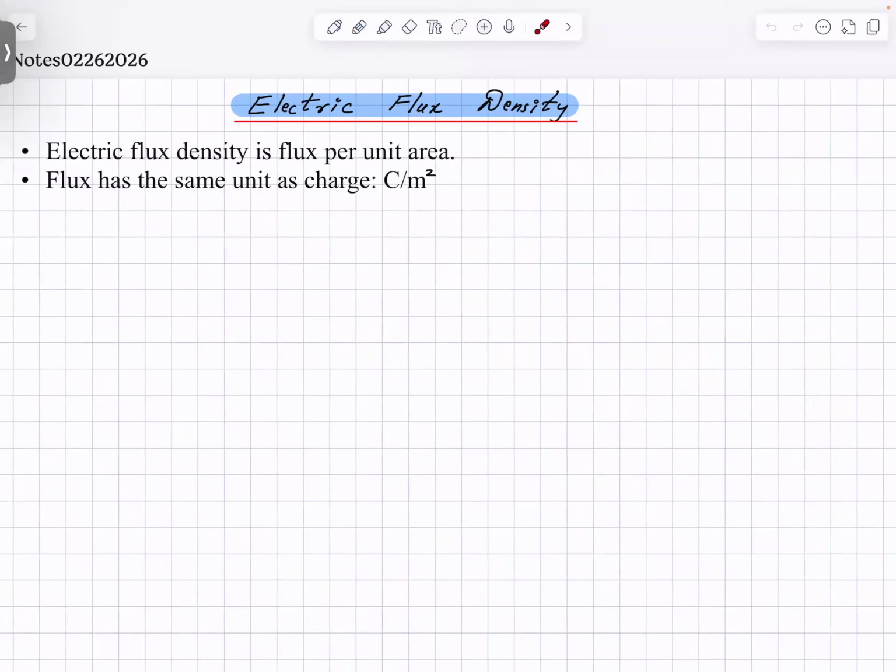Today we'll continue here. One very important law related to electromagnetics that we learned is Coulomb's law. And today we're going to learn another law, and that is called Gauss's law.